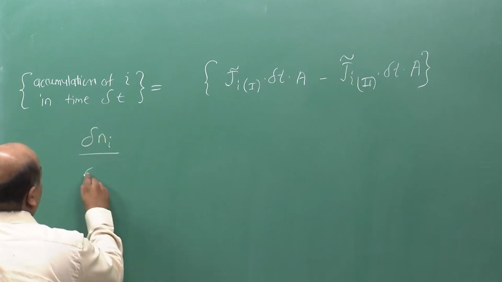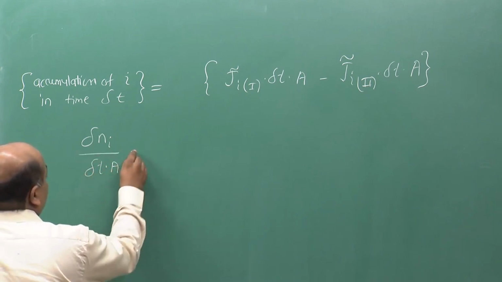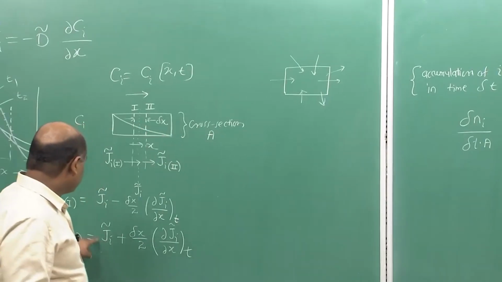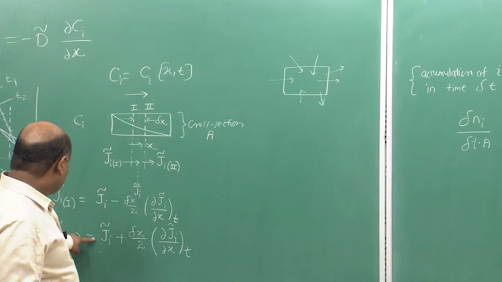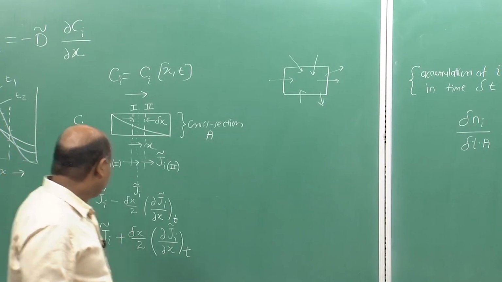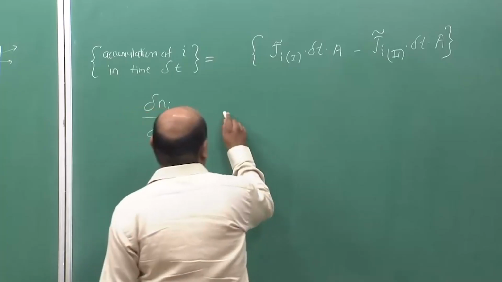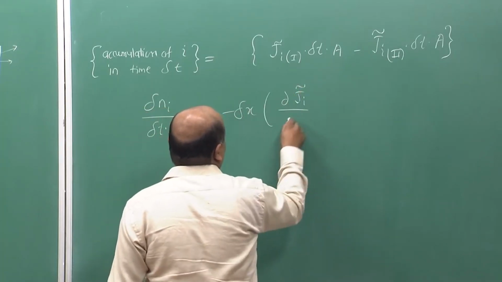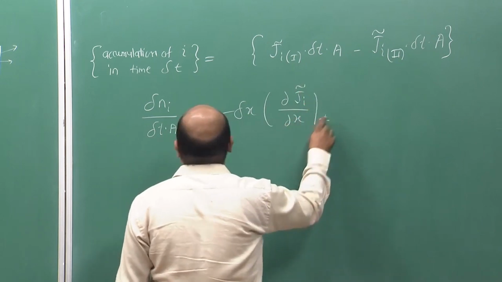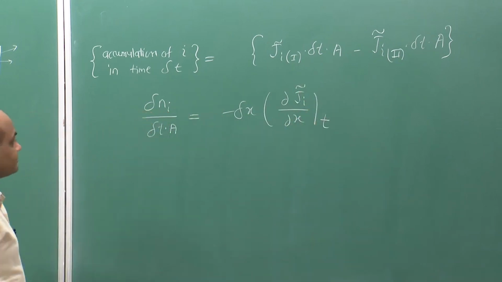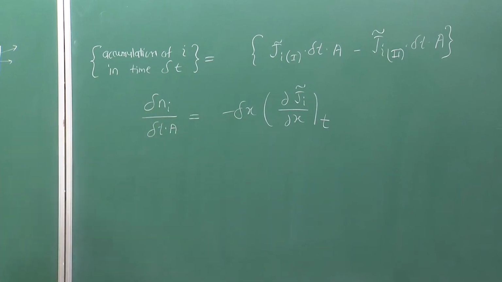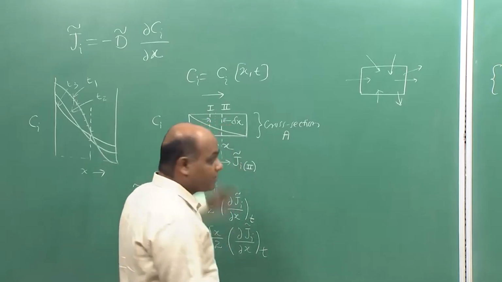Delta n I divided by delta t times A should be equal to, if I substitute for J I tilde at 1 and 2, this minus this. So, this will get cancelled, and so I get minus delta x times dou J I tilde by dou x at time t, and A times delta x is nothing but the volume of the element that I am considering.